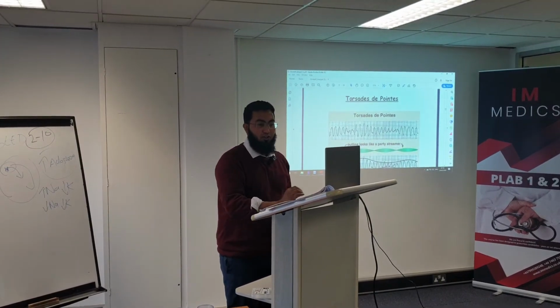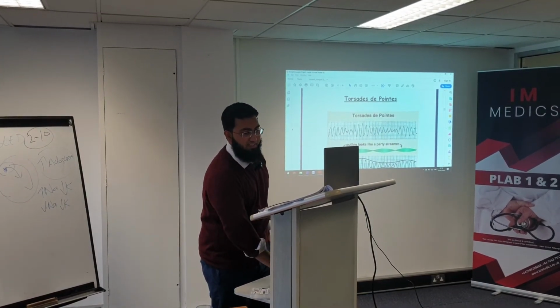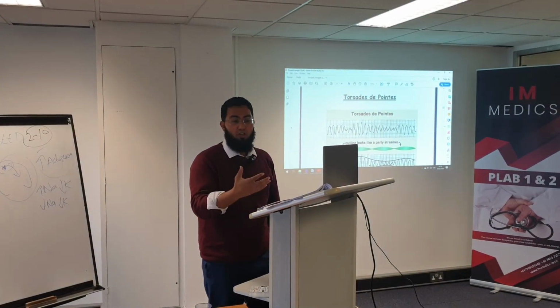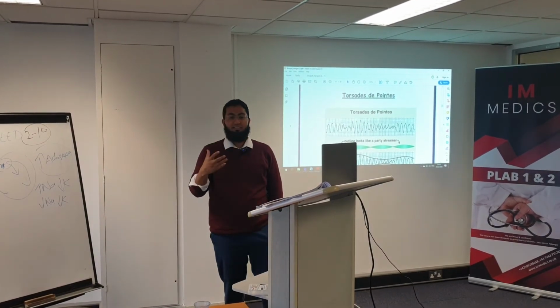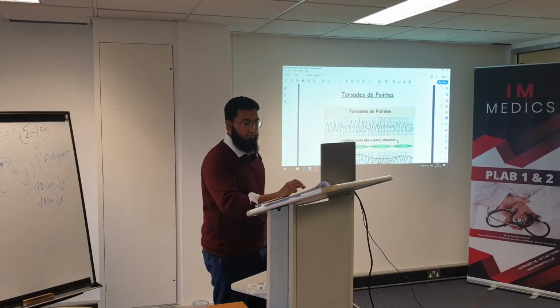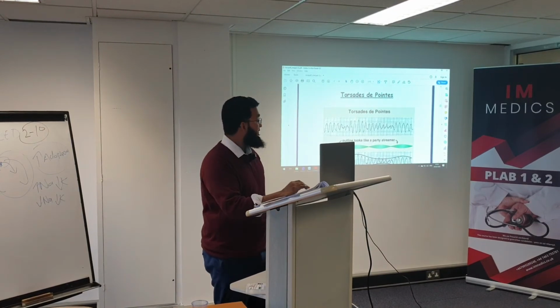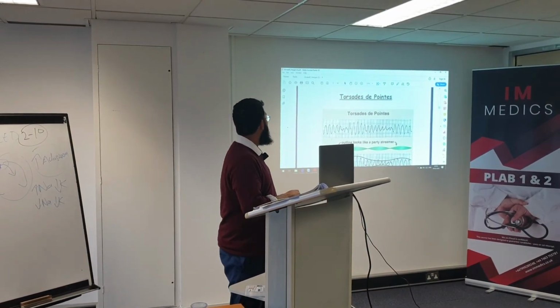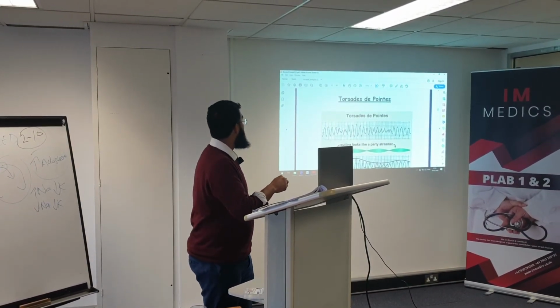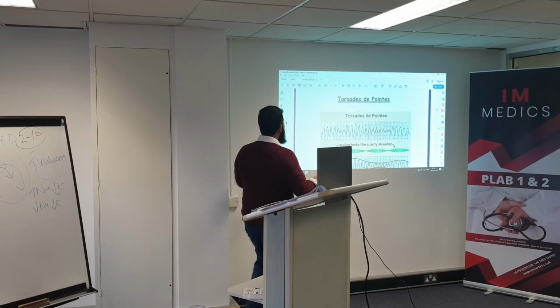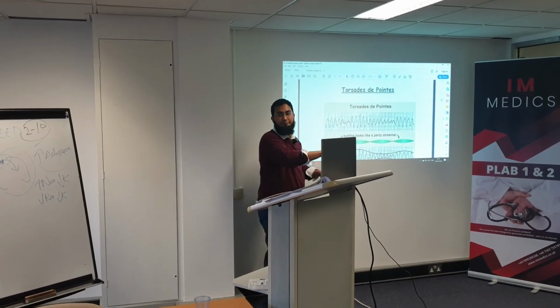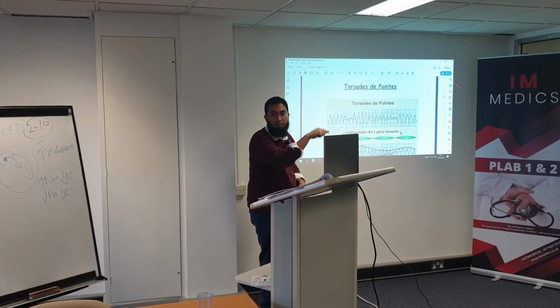Moving on. Torsades de Pointes. This is a VT with varying axis. As you can see, it is VT, but with varying axis, up and down like a roller coaster.